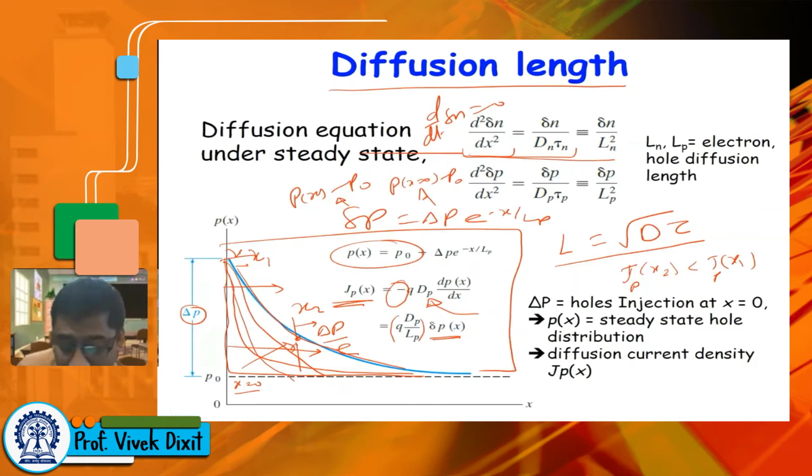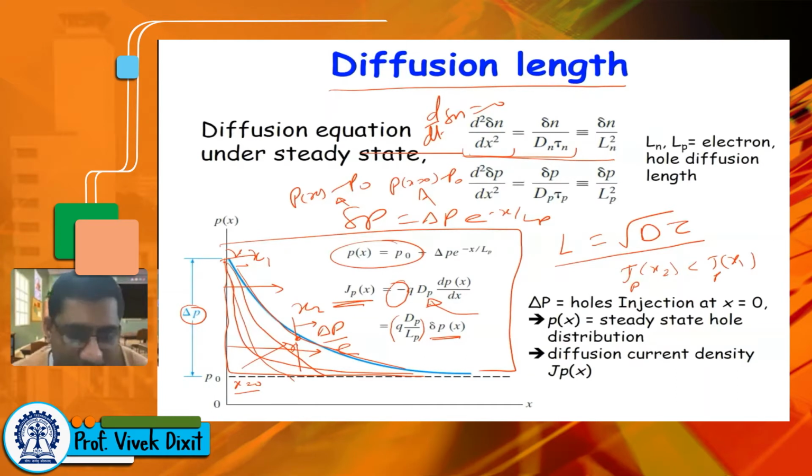Let's say if there is no recombination, then what will happen? If the carrier lifetime is infinite, that means no recombination. No recombination means τ is infinite, right? So what will be the diffusion length?